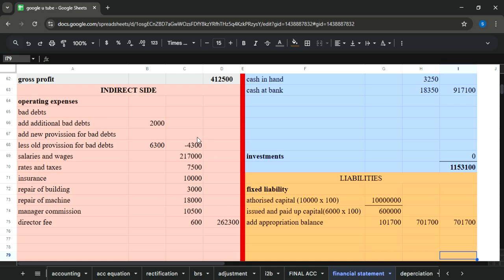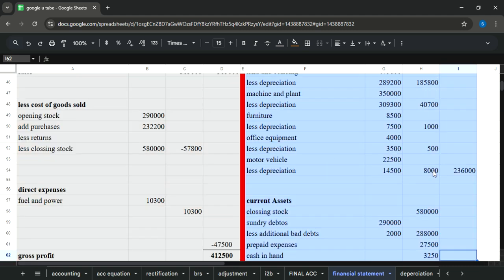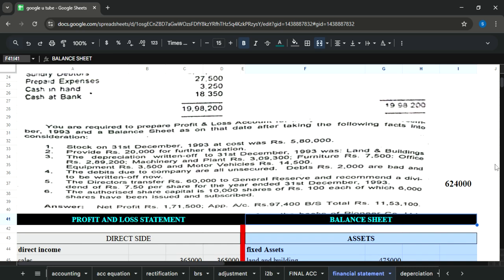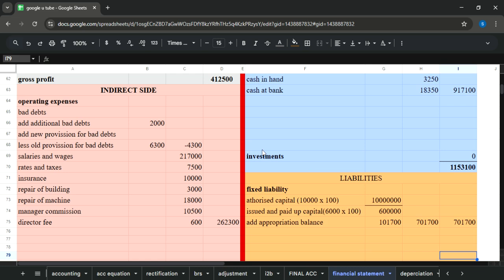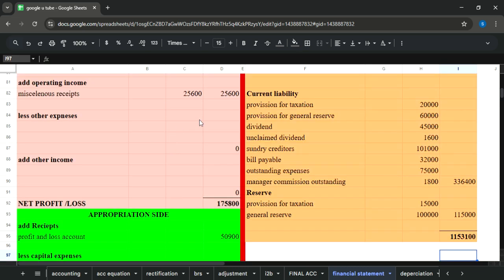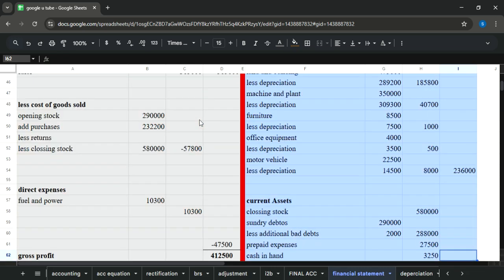Book writer have missed this 4,300, but you will not ignore it. Our balance sheet is exactly equalized to answer given over here. In book, they have skipped this 4,300. I'm requesting you not to skip that. In this way, our question has been completed. Balance sheet is equalized.